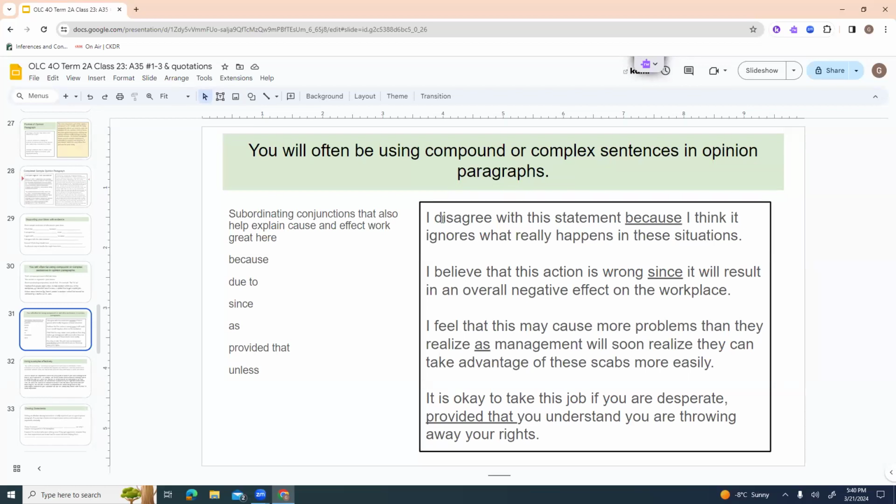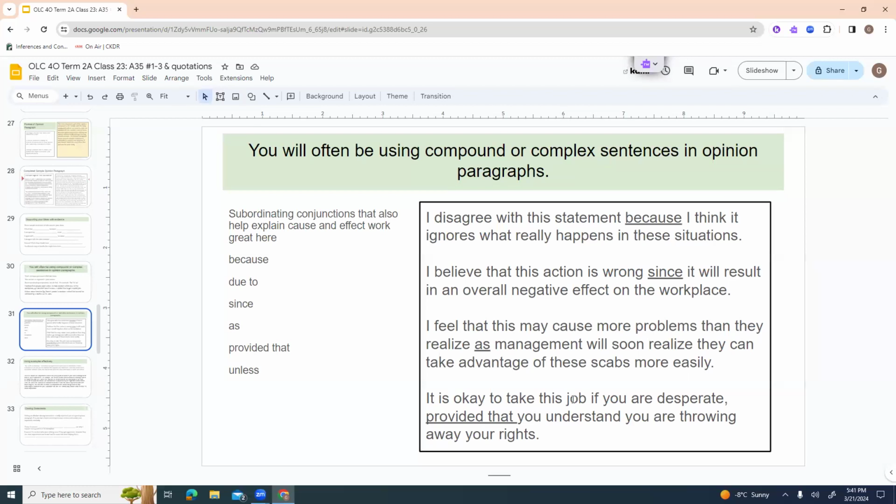I disagree with this statement because I think it ignores what really happens in these situations. I believe that this action, whatever it is, is wrong, since it will result in an overall negative effect on the workplace. I feel that this may cause more problems than they realize, as management will soon realize they can take advantage of these scabs more easily.